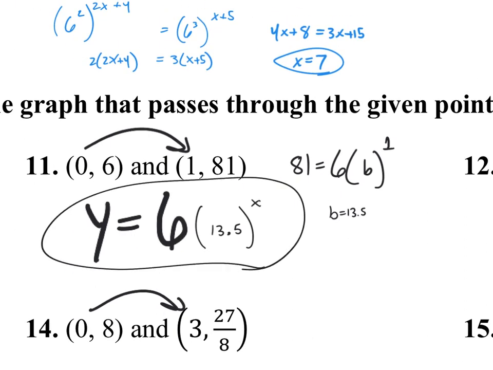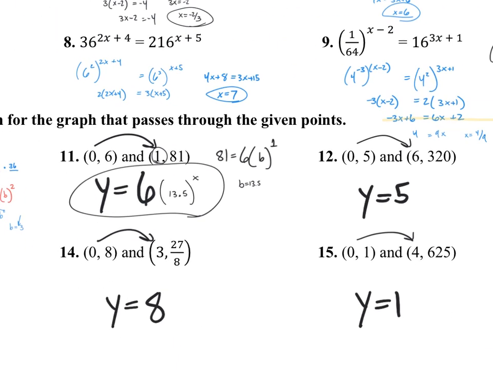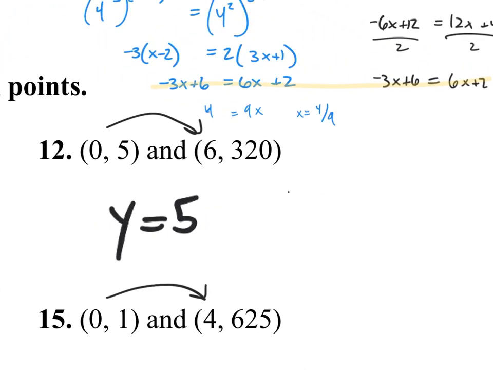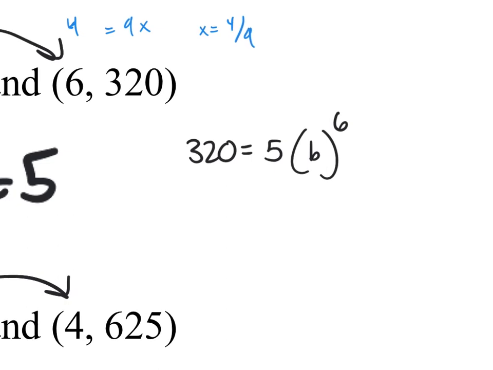So that one was easy because it was an x of 1. But this one had an x of 6. But the step is replace y with y, leave your a value, we're looking for b, replace x with what x is, right? And we always use that second point for our x and y. I'll divide both sides by 5 here.